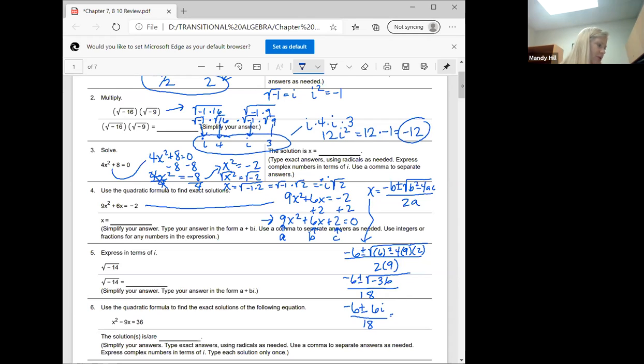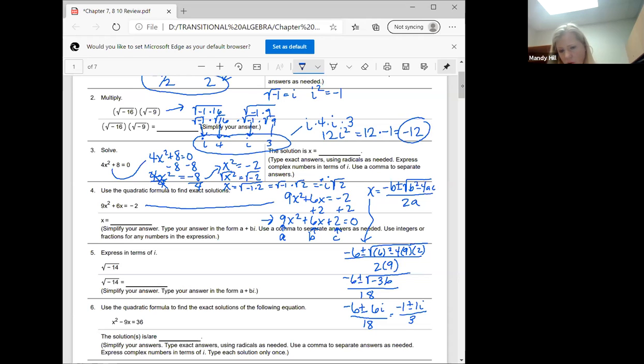The last thing that I'm noticing in this problem is that every one of these numbers can be divided by 6. So if I do the -6 divided by 6, I'd have -1. If I do 6 divided by 6, I would have +1i, and 18 divided by 6 would be 3.